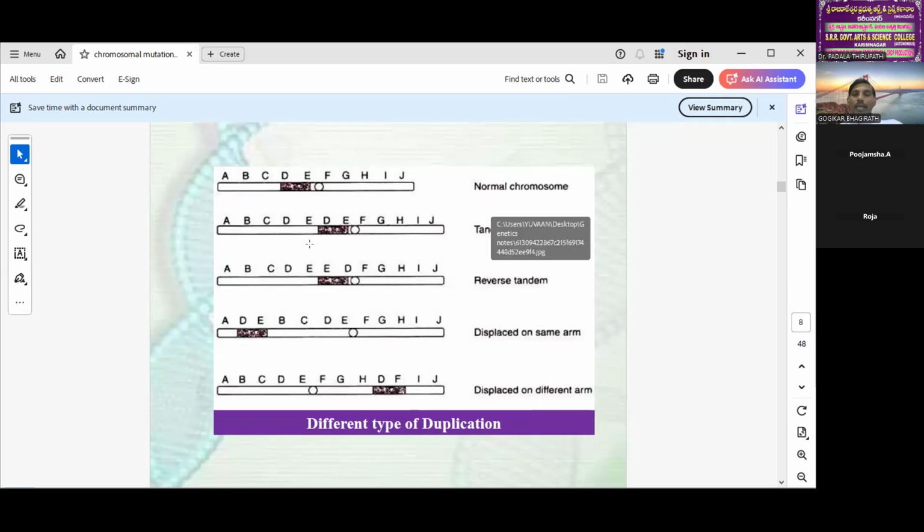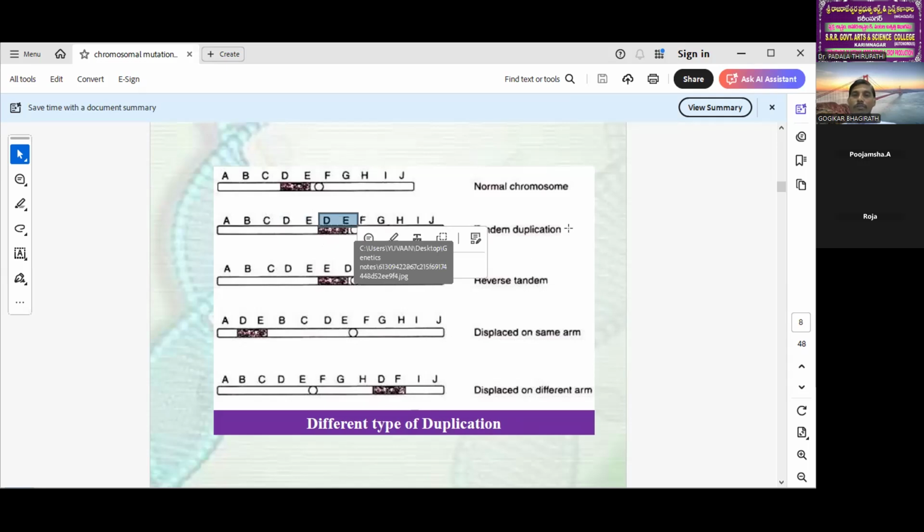See here, a block of genes is repeated more than once in the same order. For example, see here, a block of genes is here, this D and E genes. The same sequence is repeated continuously.